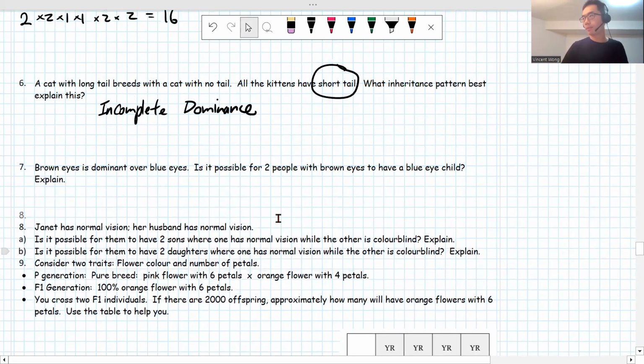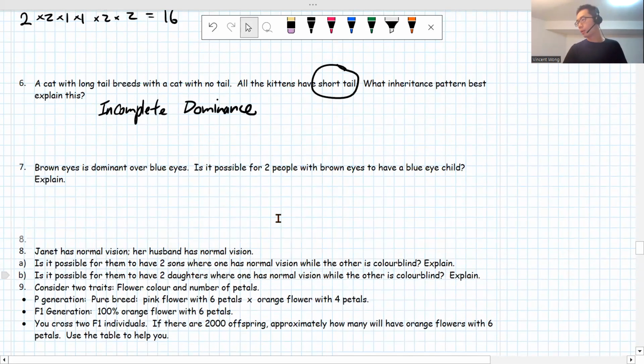People usually get confused. Would codominance be wrong? Yes, codominance would be wrong in this case because codominance means you have both traits. It's not possible to have both a tail and no tail. You either have a tail or you don't.